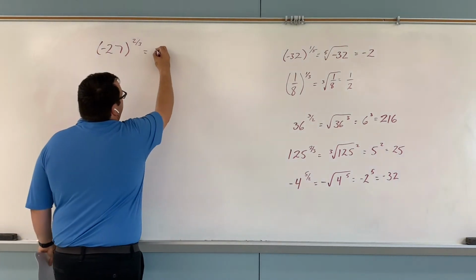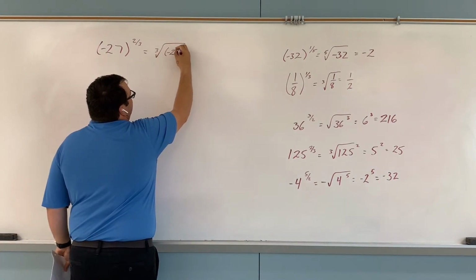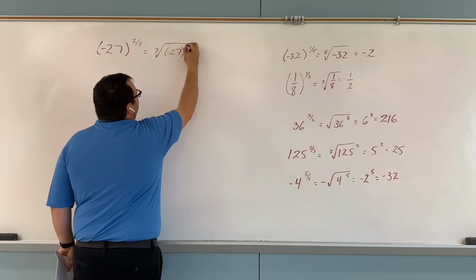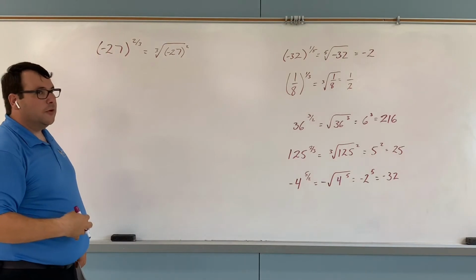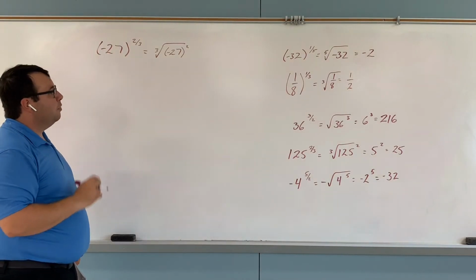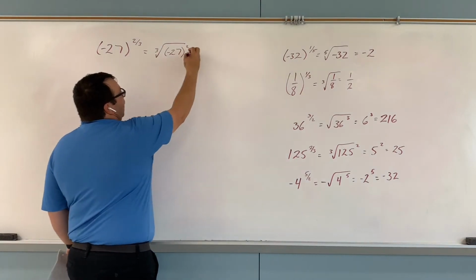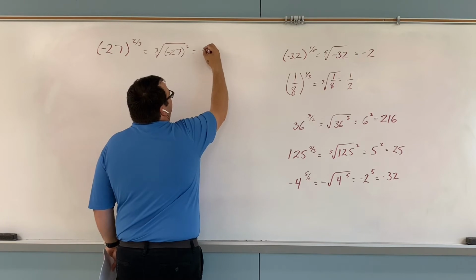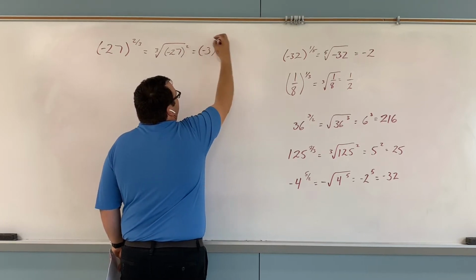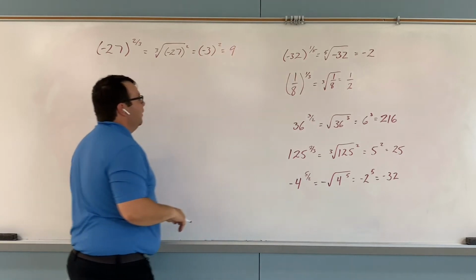So that's going to be a cubic root of -27 squared. Now, I'm going to do the cubic root first, but make sure you keep parentheses because you have a negative in that base. So cubic root of -27 is -3, and I'm still squaring. -3 squared is +9.